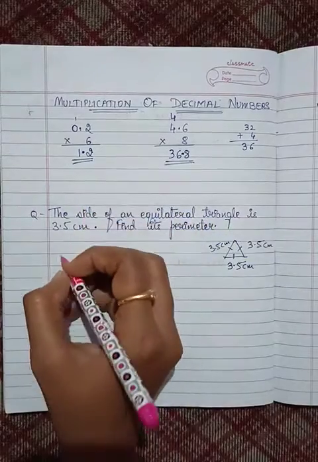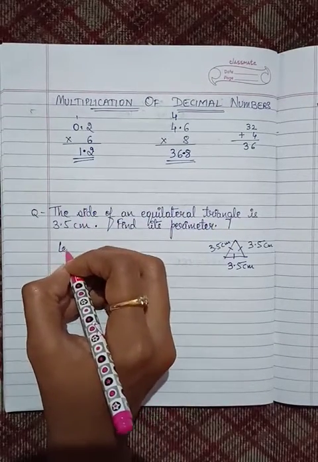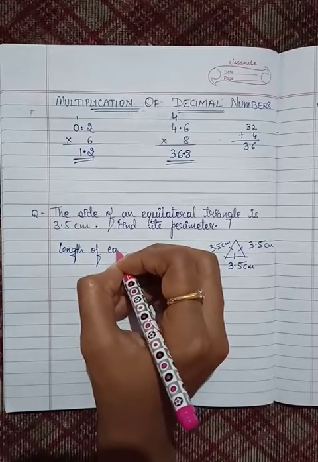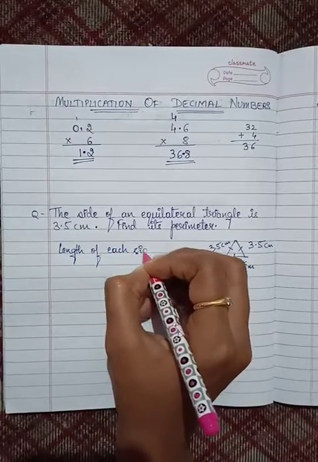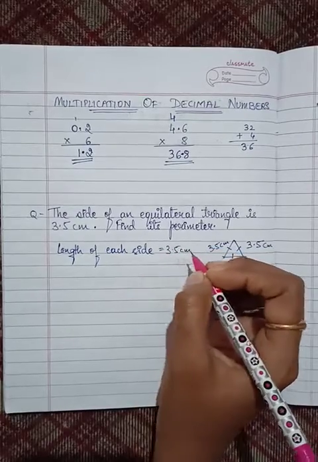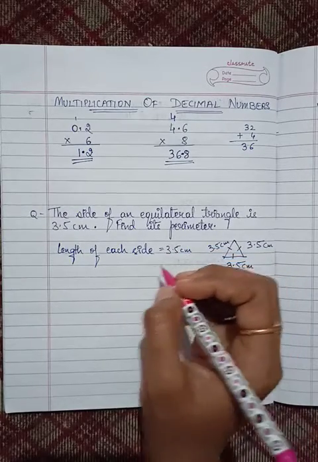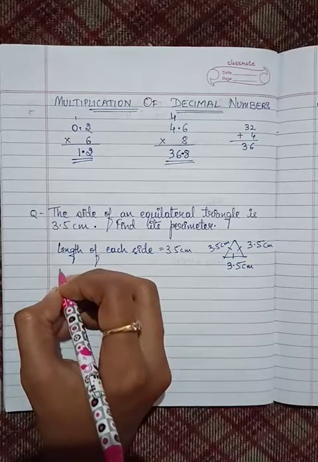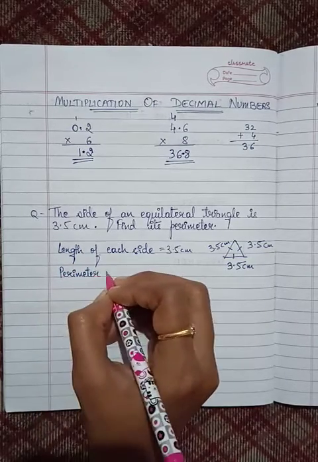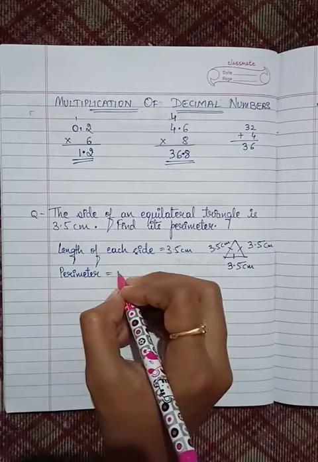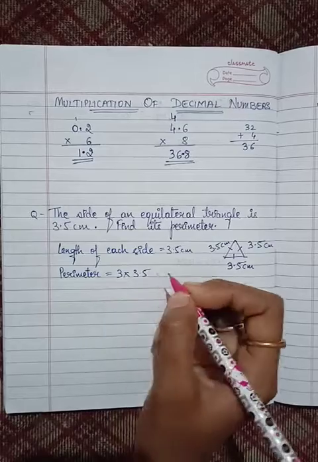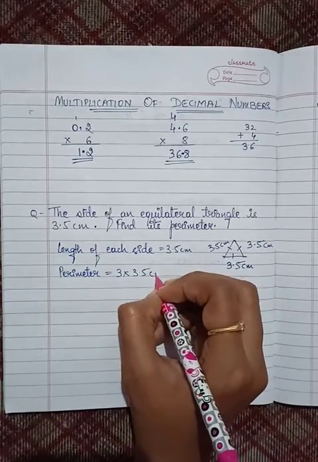Since the length of each side is 3.5 centimeter, the formula we shall apply here: perimeter is equal to 3 multiplied by 3.5 centimeter.